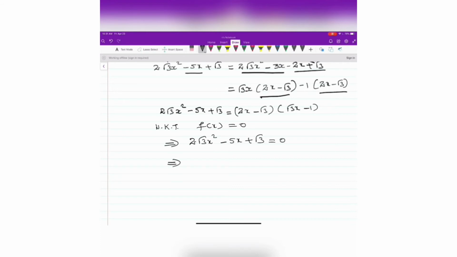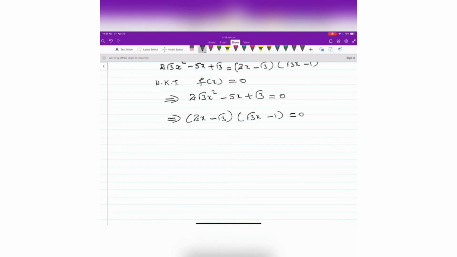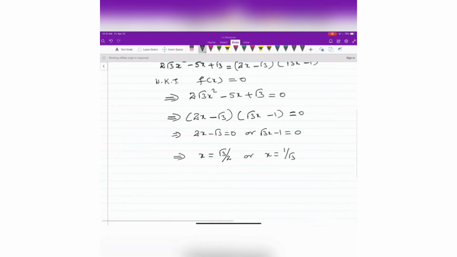This implies 2x minus root 3 into root 3x minus 1 should be equal to 0. This will give us 2x minus root 3 equal to 0 or root 3x minus 1 equal to 0. That is, x is equal to root 3 by 2 or x is equal to 1 by root 3. So, we got the zeros of the given polynomial.